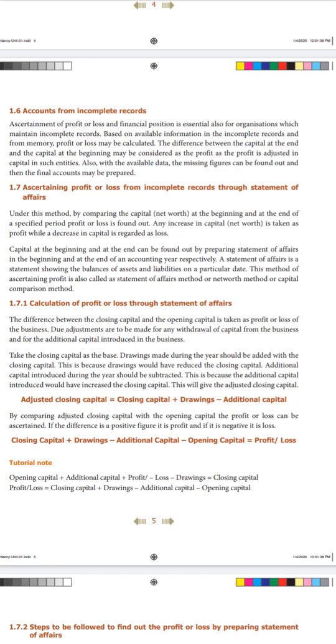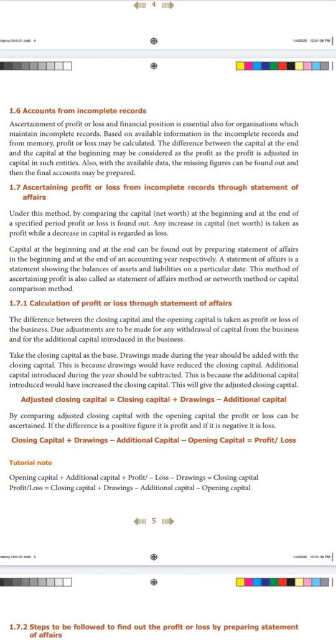While doing this, closing capital, add drawings, minus additional capital, you will get your adjusted closing capital. With this adjusted closing capital, if you deduct your opening capital, you will either get profit or loss. When the difference is a positive figure, say plus 5,000, it is profit.